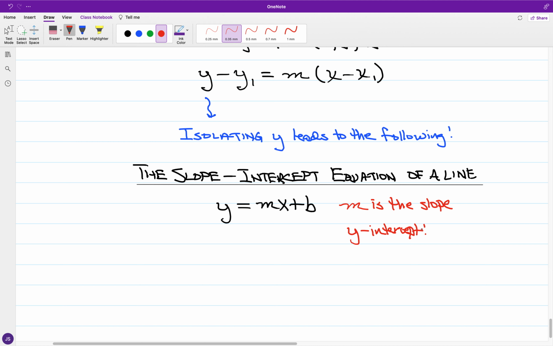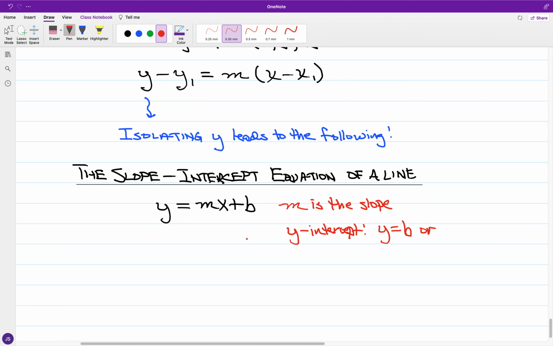One is to say y is equal to b. Another way is to ask what point on the y-axis the line representing this equation would touch or cross. That ordered pair would be (0, b). Whenever x is 0, y is equal to that constant that represents the intercept. So m is the slope, and for the y-intercept you can say either y equals b, or specify the ordered pair on the y-axis, which is (0, b).